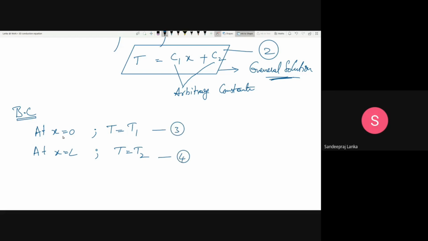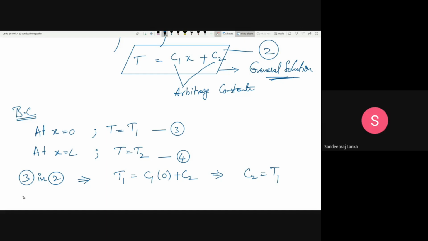Now I will take these boundary conditions and substitute them into equation 2. Taking 3 in 2, I have T1 = C1 × 0 + C2, so C2 is nothing but T1.